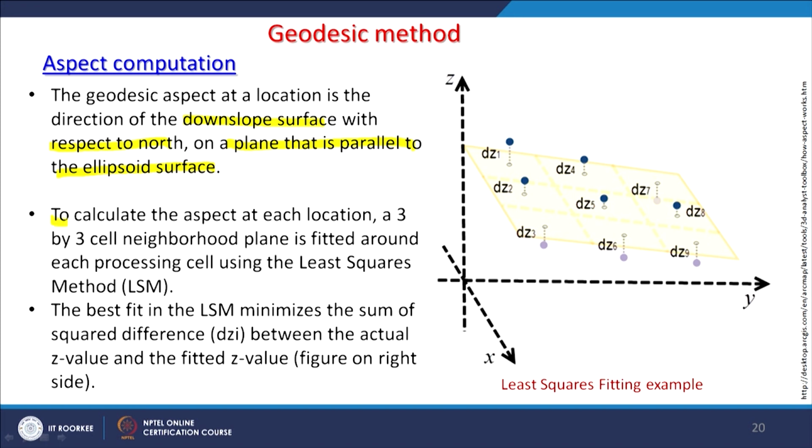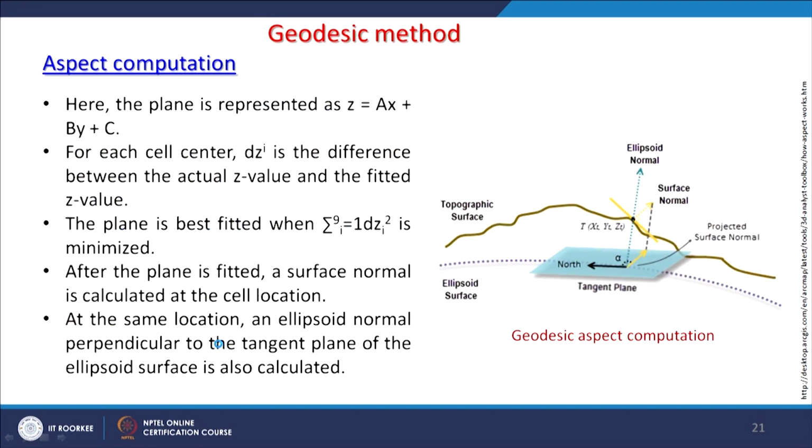To calculate the aspect at each location, again a 3 by 3 neighborhood or kernel is fitted around each processing cell using the least squares method, and the best fit minimizes the sum of squared differences, the dzi, between the actual z value and the fitted z value.